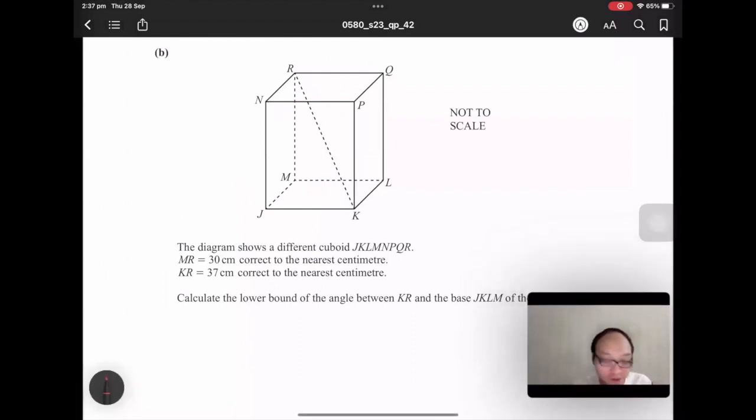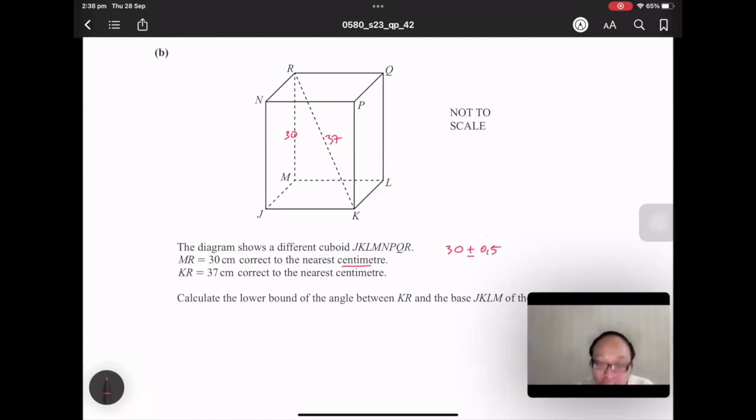And for B, the diagram shows a different cuboid. MR is 30, KR is 37, to the nearest centimeter. So that means 30 plus or minus 0.5.